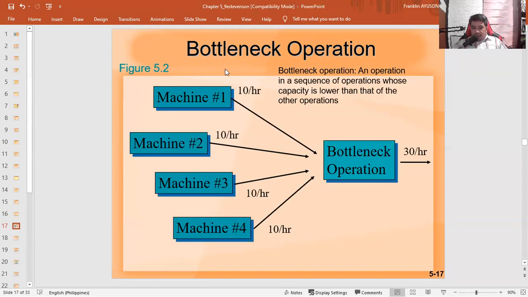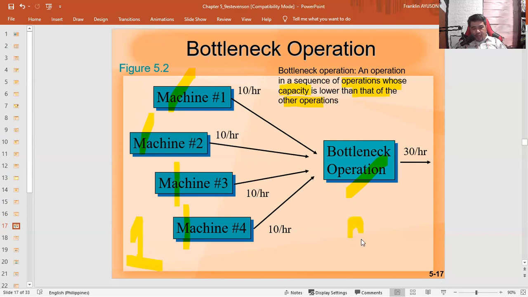You see, in this case now, we identify that there would be some probable bottleneck of operation. So when you say bottleneck, these are operations in a sequence of operations whose capacity is lower than that of other operations. So 3 operations. For example, 4 machines in step number 1.